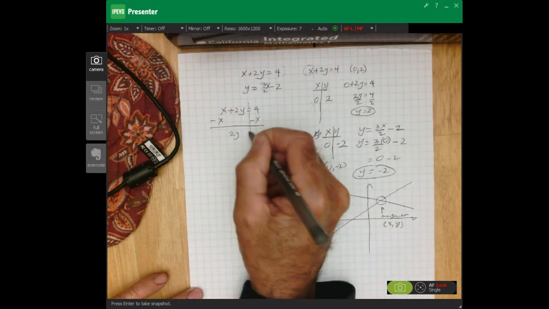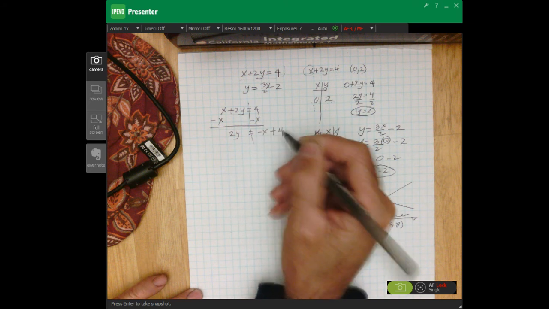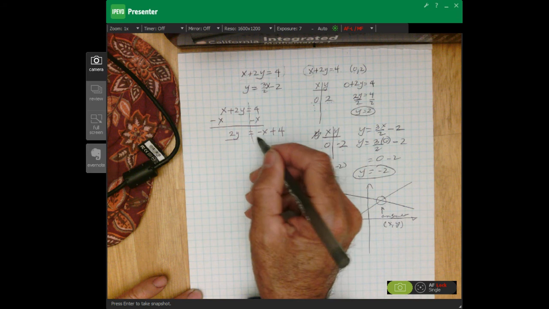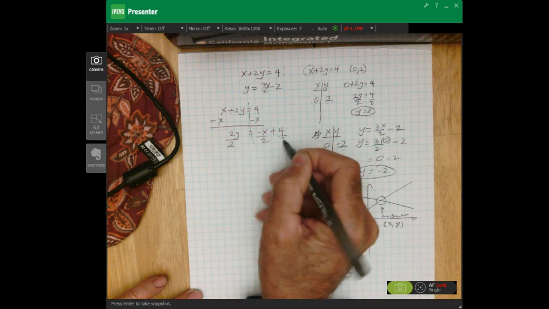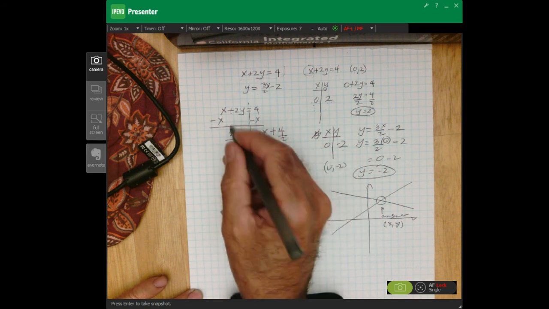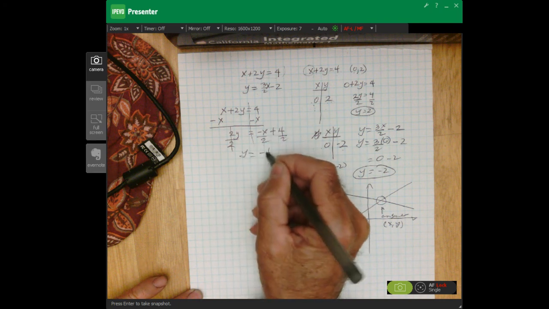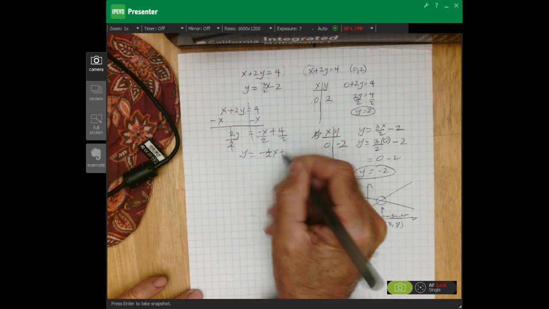We get 2y equals negative x plus 4, and that's not in slope-intercept form until we have y isolated. We divide everything on this side by 2. This becomes y equals negative 1/2 x plus 2.